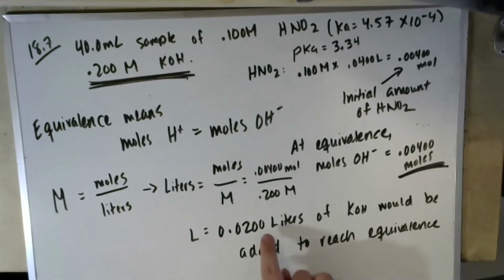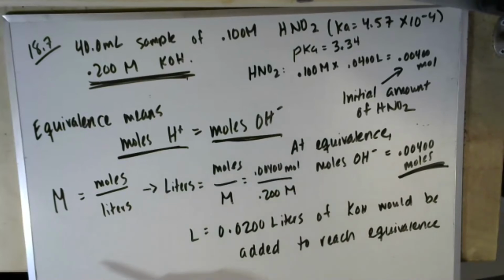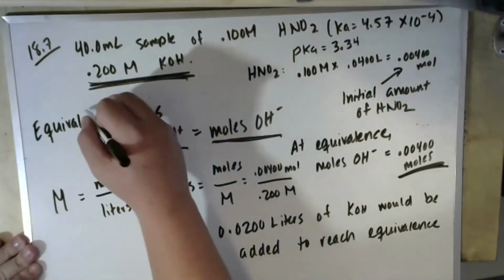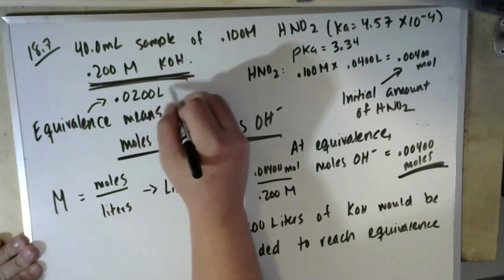As soon as I added 20 milliliters or 0.02 liters, at that point, the moles of my H plus would be equal to the moles of my OH minus. Okay, so at equivalence, we have 0.0200 liters of KOH.